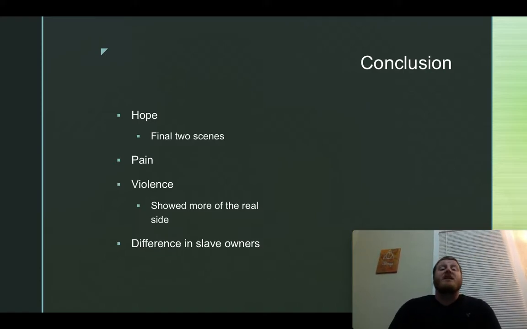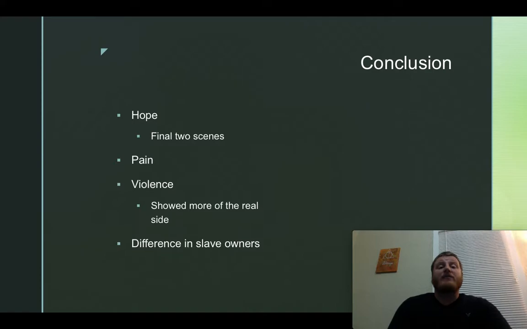I think this is a very realistic scenario for the time that they were in, because while these slaves had hope for a better life, I think they all knew that it would have to be fought the hard way. And I think the film shows that through the whole entire film, that because there is hope, it is worth fighting for. I also think that the film shows a lot more pain.